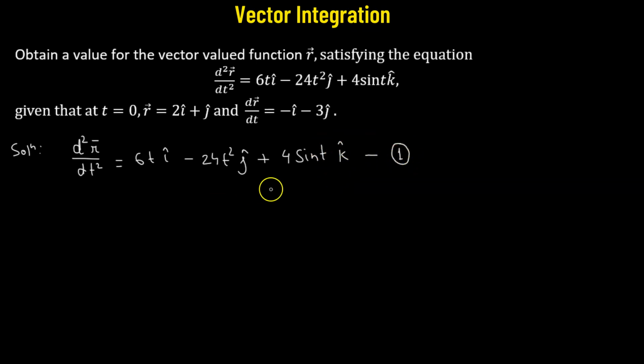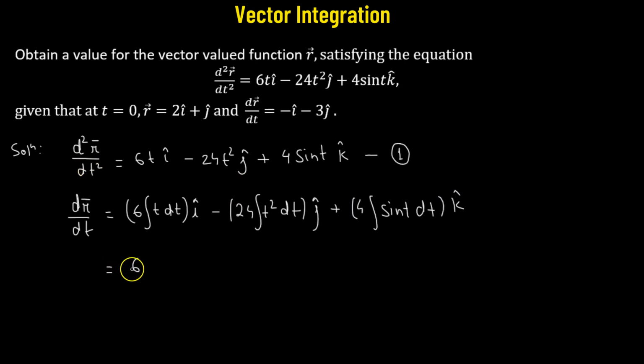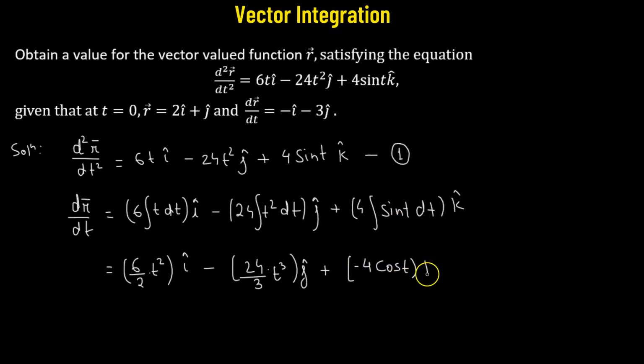What we'll do is integrate both sides of equation number 1 with respect to t. This will be equal to 6 times the integration of t dt, so that will be 1 over 2 times t squared i cap, minus 24 times the integration of t squared, which will be 1 over 3 times t cubed j cap, plus 4 times the integration of sine t, which will be negative cosine t k cap.